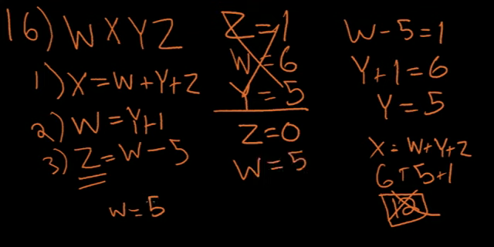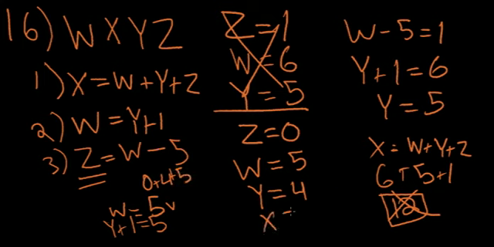W equals y plus 1, so y plus 1 equals 5, and y equals 4. And x equals w plus y plus z, so that's 5 plus 4 plus 0, which is 9. That actually makes sense, they're all single digits. So the number is 5940, which is w, x, y, z.